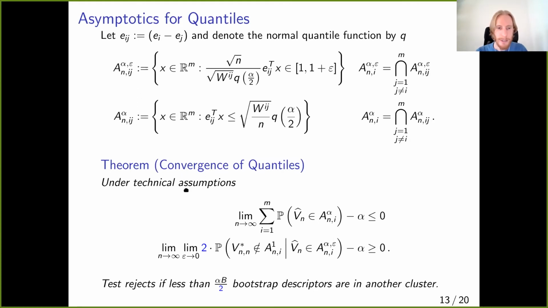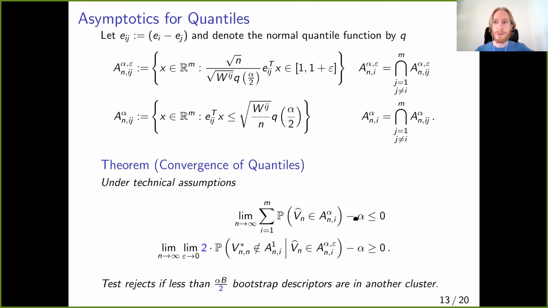And so what we are now saying is that under these technical assumptions and using our central limit theorems, the probability that this ith loss is smaller than all the other losses by at least the alpha half quantile, and then summed over all the i's, of course, these probabilities summed over all of the minima, is in the limit of sample size going to infinity smaller or equal than alpha.